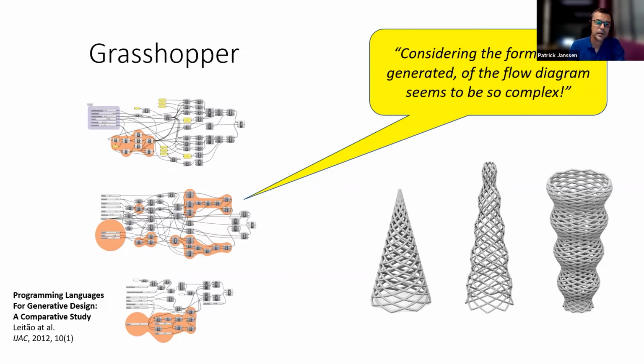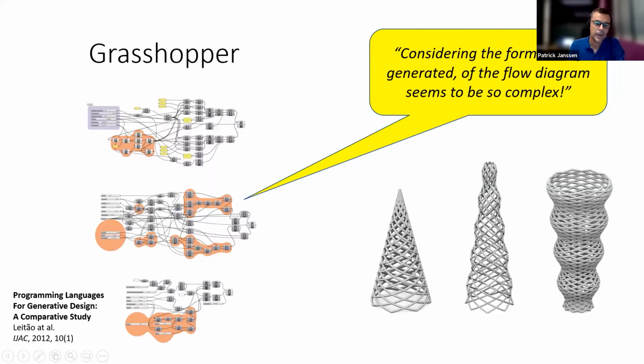This is a paper by Antonio Leitão, who did a paper analyzing different kinds of programming languages, both textual and visual. He had a bunch of quite experienced Grasshopper modelers who made a model to generate these forms on the right.